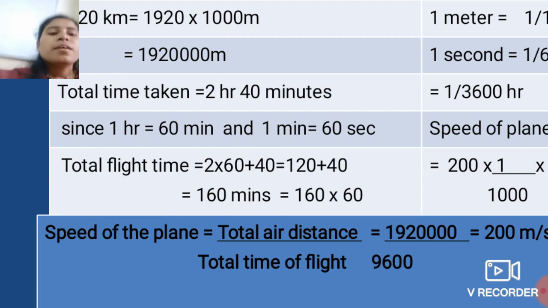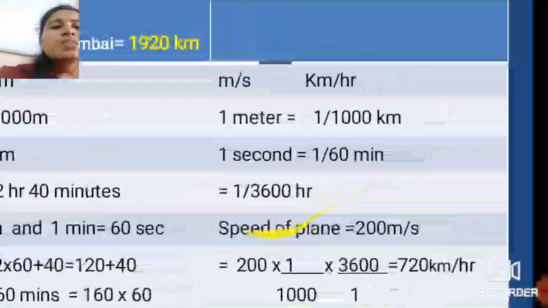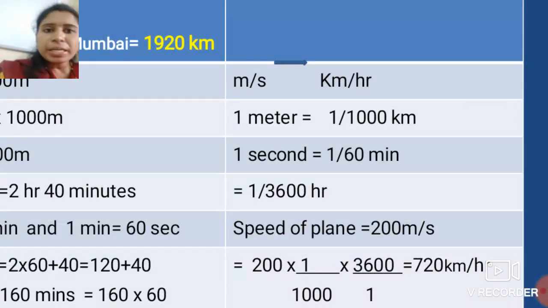Students, here I am giving you how to convert meter per second into kilometer per hour. Suppose you have 1 meter. 1 meter means 1 upon 1000 kilometer, and 1 second means 1 upon 60 minutes.